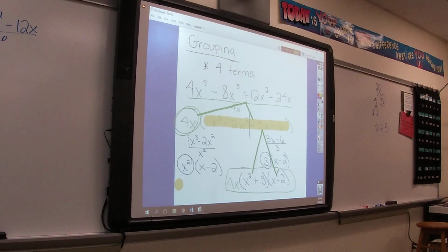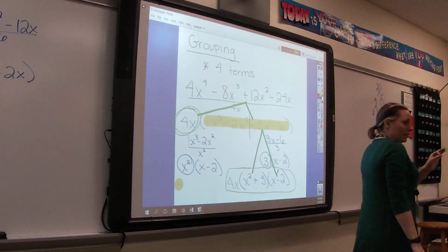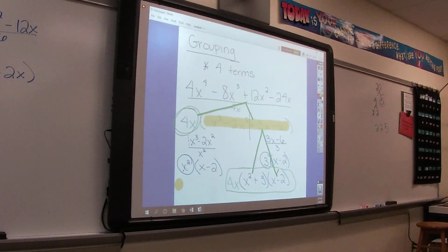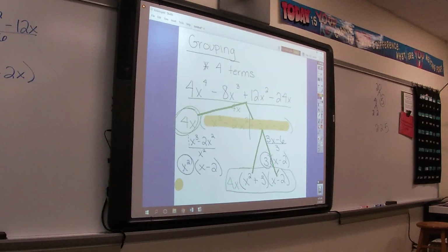And so I'm going to factor this into 6 times x squared minus 2x. Okay, I missed the GCF. I didn't necessarily factor it wrong, right? I did correct math over there.